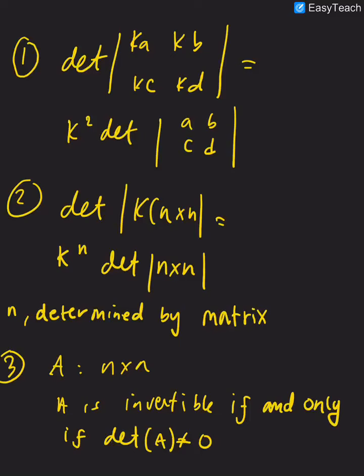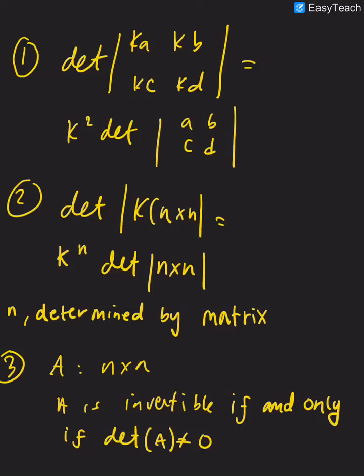From the previous video, we had a similar case where we factored out this K, and it comes out of the first top row, and then if we factor out another K from the bottom row, we get K squared times the determinant of A, B, C, D.